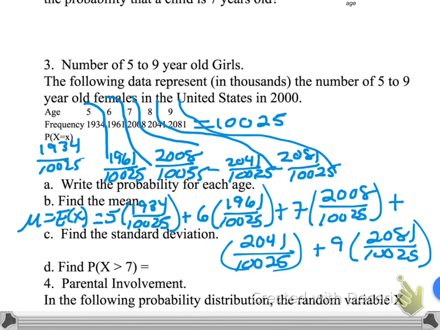All right, so my mean is equal to 7.04, and my units are girls, right? Okay, and now they're asking about the standard deviation, and so I get 1.41 girls. All right, great.